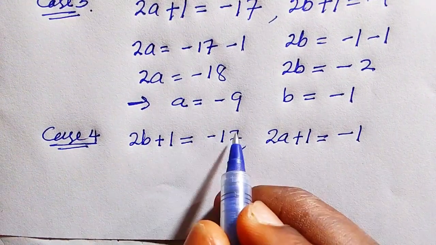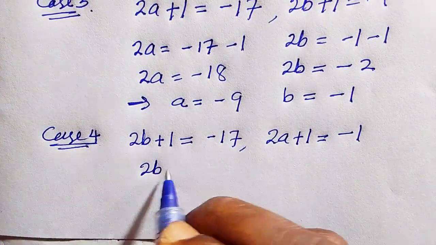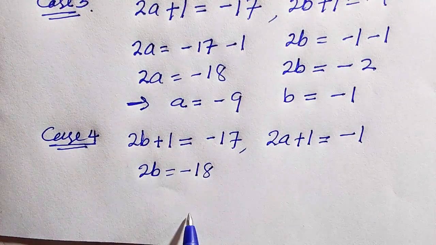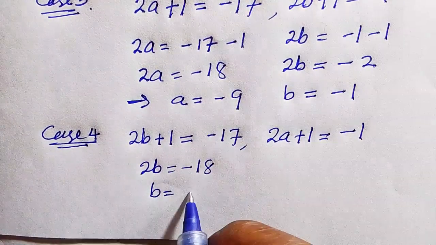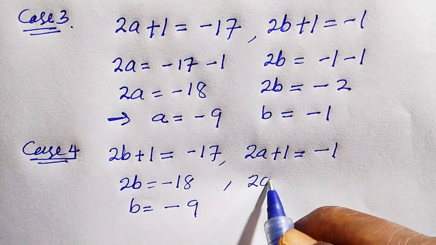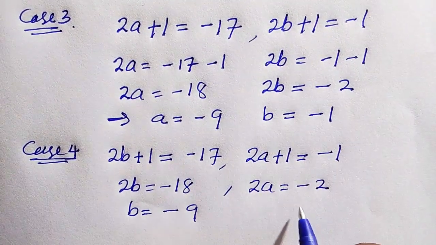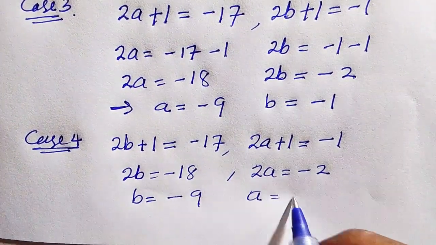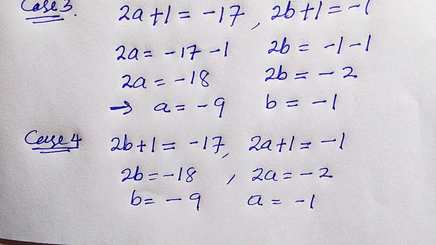With this, we have 2b equals minus 18, then we have b equals minus 9. Also here we have 2a equals minus 2, as we have a equals minus 1.